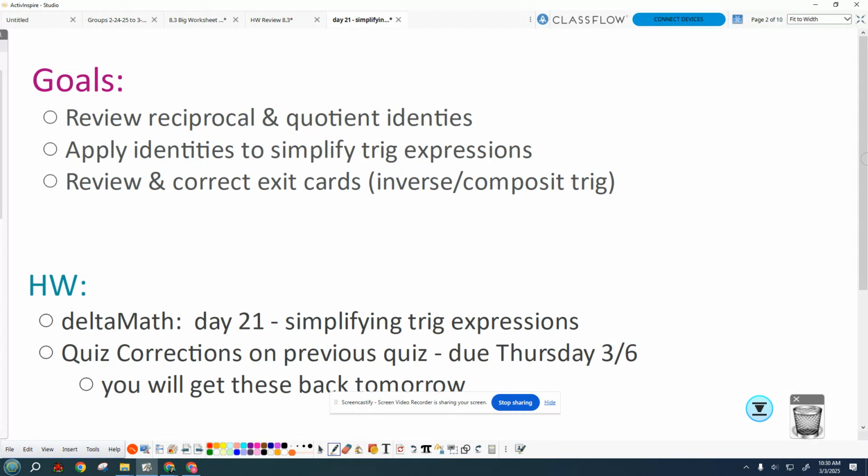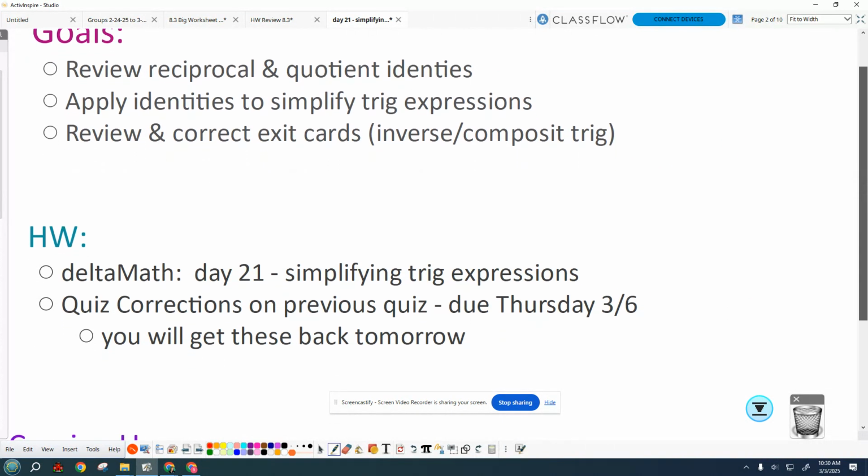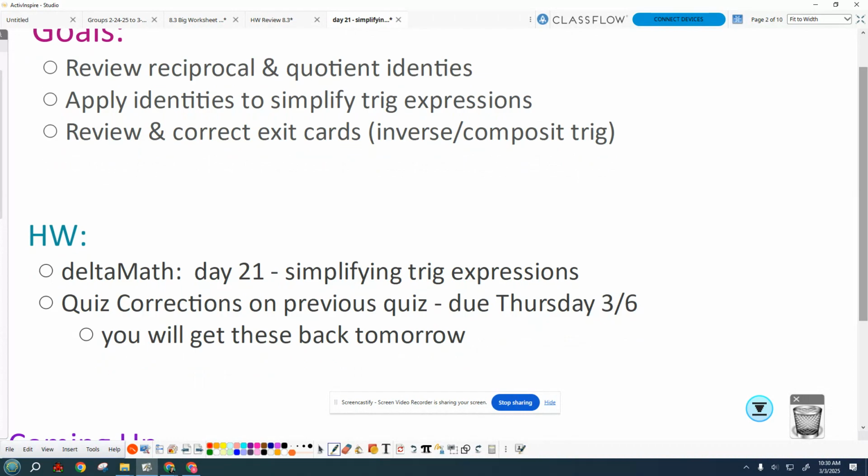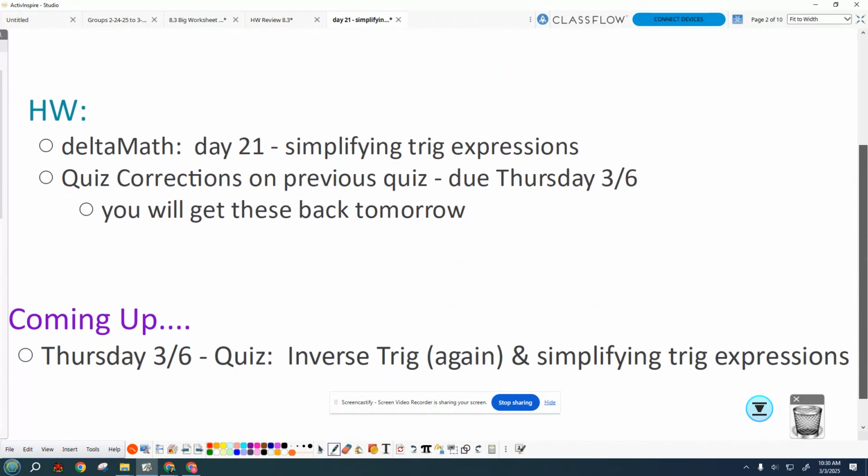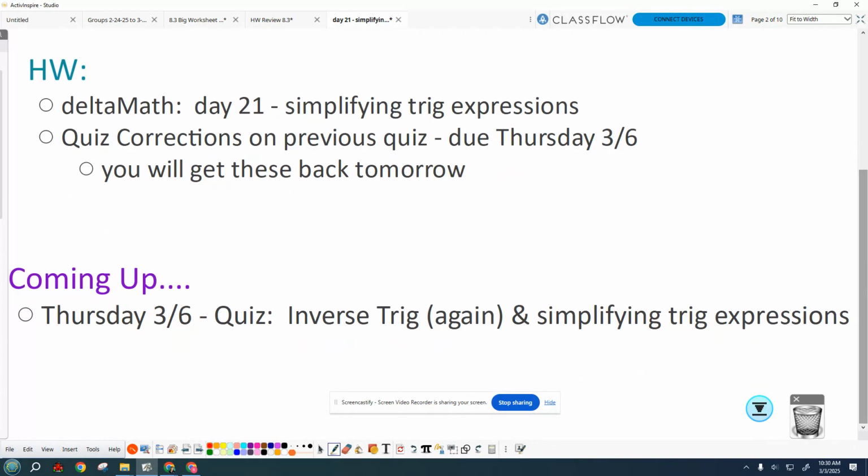So today we need to review trig identities. We're going to get to more of them, and we're going to apply those identities to do some stuff. Homework tonight is on Delta Math. I'm going to hand back your quizzes on Tuesday.